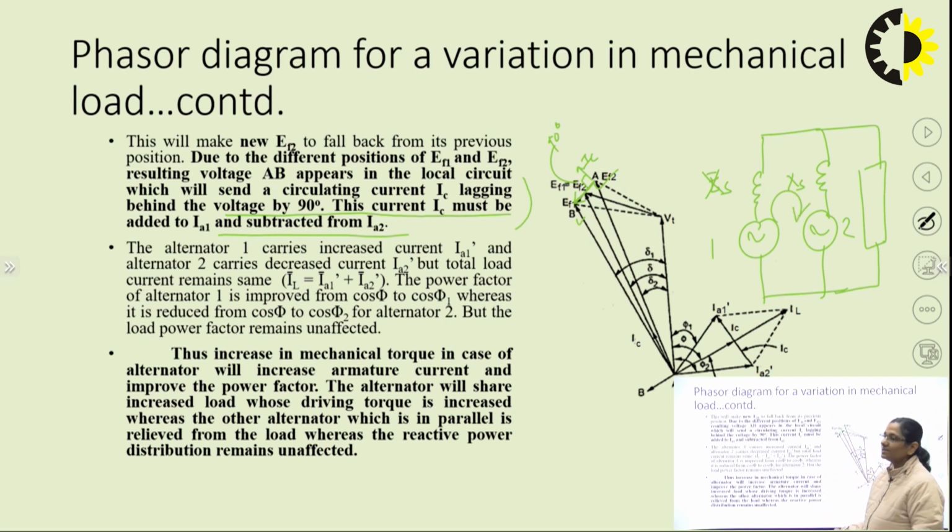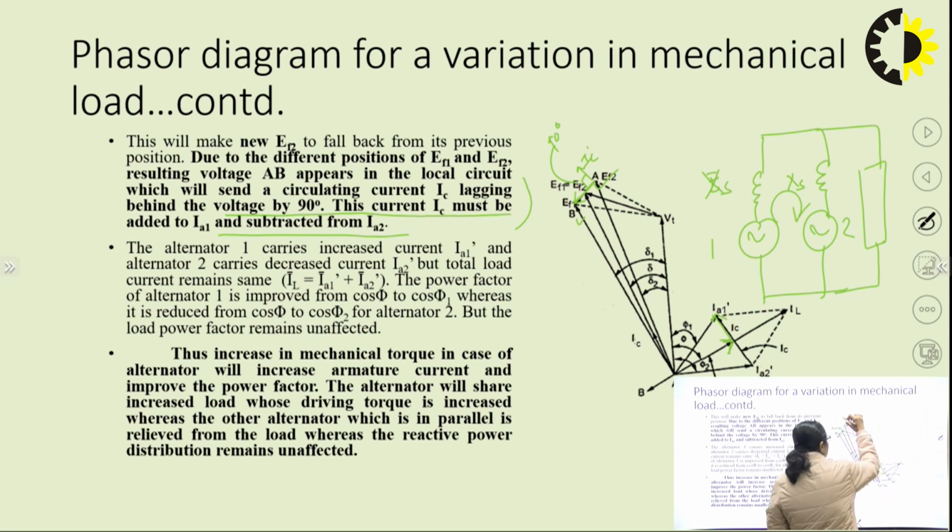So, the net current flowing in the armature circuit of alternator 1 would be the phasor sum of the component of current it was carrying earlier, that was current IA1, and the circulating current IC. This was the phasor orientation of the circulating current IC. The summation of these two gives us the new current carried by alternator 1.